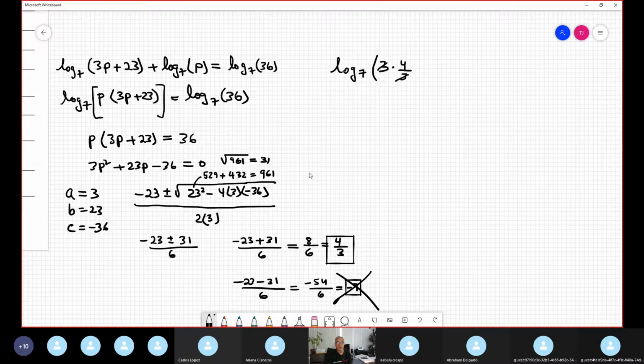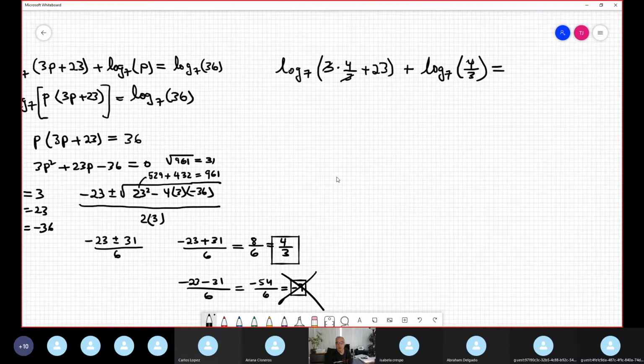It's just 4 plus 23, which is 27. Logarithm base 7 of 27 plus logarithm base 7 of 4/3.